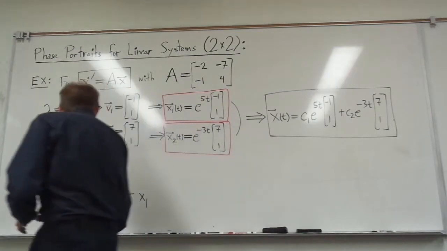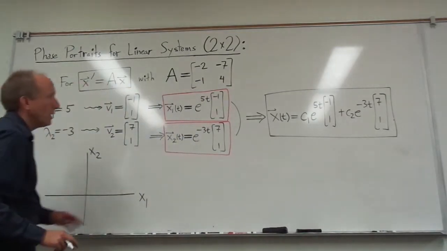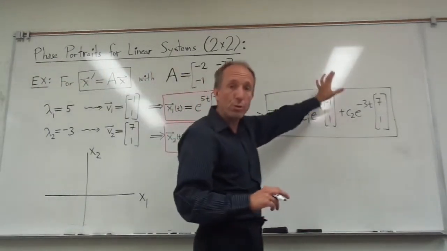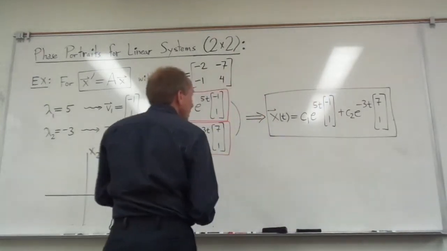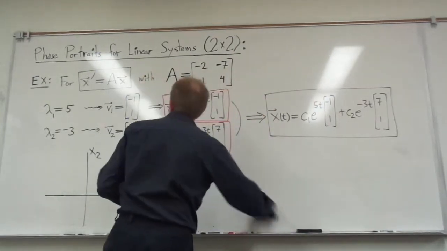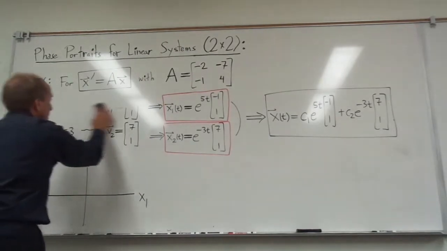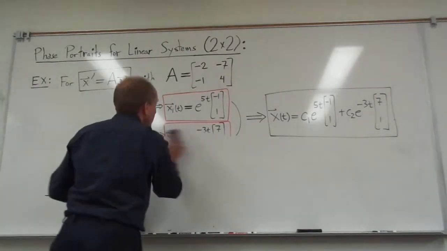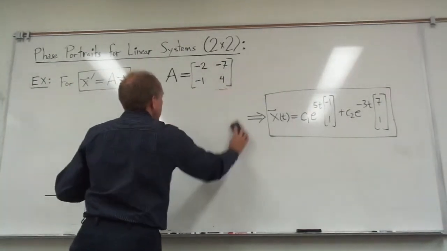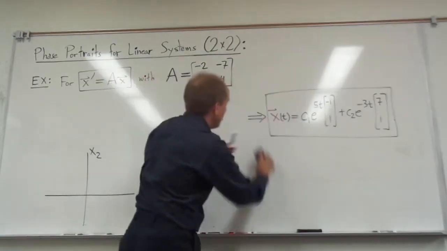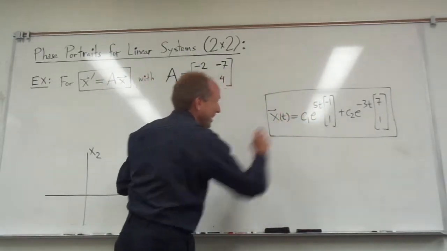To come up with the phase portrait, what you need to do is draw some specific solutions here. We have all this stuff already figured out, so I'm going to erase this and just keep track of my general solution over here. Okay, so we need this part right here.